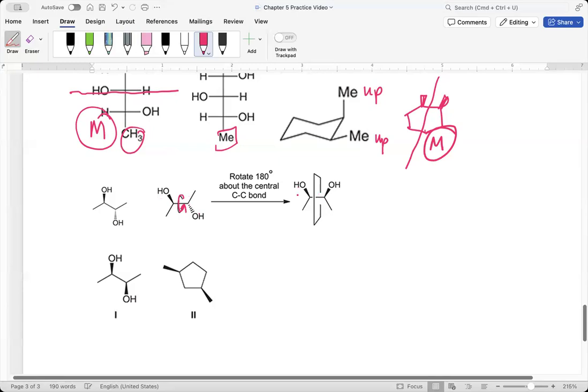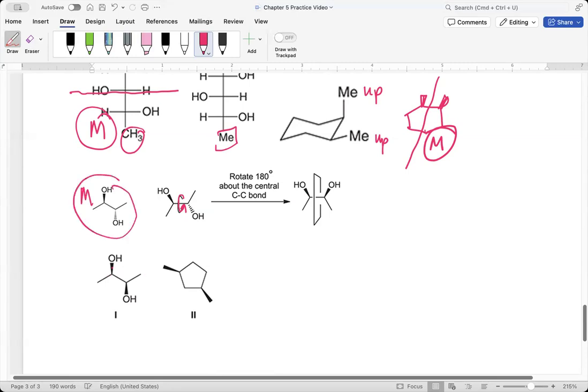This is why models are recommended for this class. It's just super easy to see if you have a model and you can rotate this around, like when we had our Newman projections. And so when I rotate this around, now you can see that there's a plane of symmetry down the middle. So one half of the molecule looks like the other half of the molecule. So this is a meso compound.